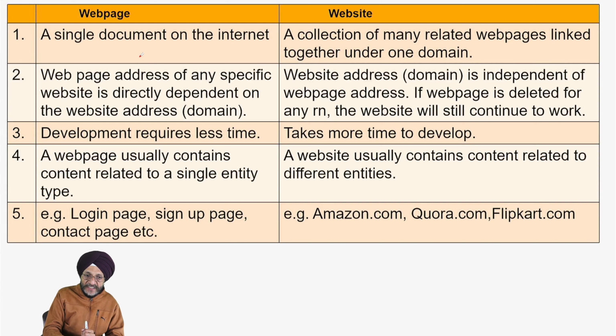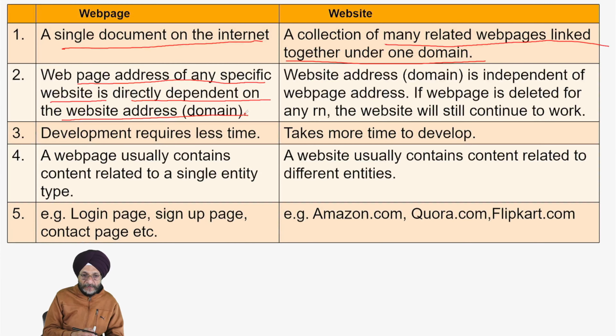A web page is a single document on the internet, whereas a website is a collection of many related web pages linked together under one domain. Web page addresses of any specific website are directly dependent on the website address. Website address is independent of web page address.